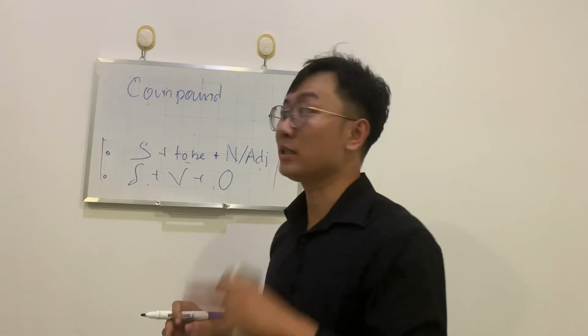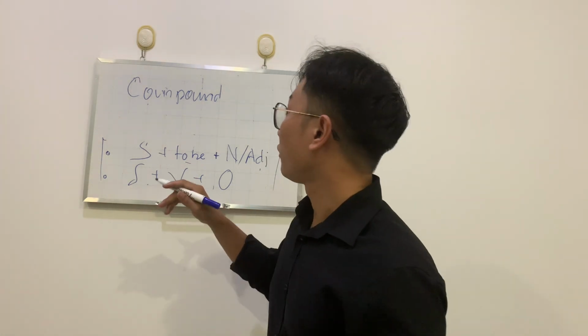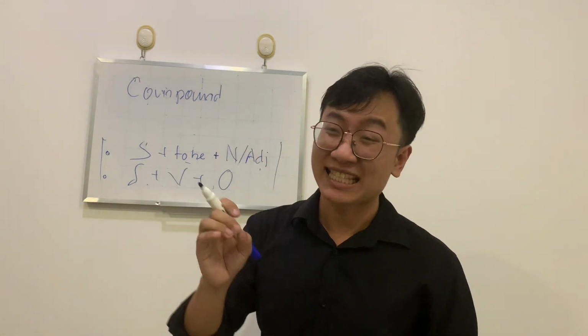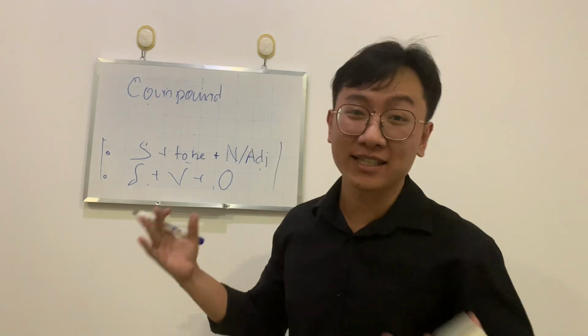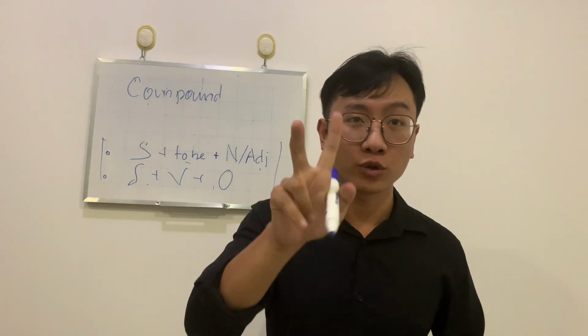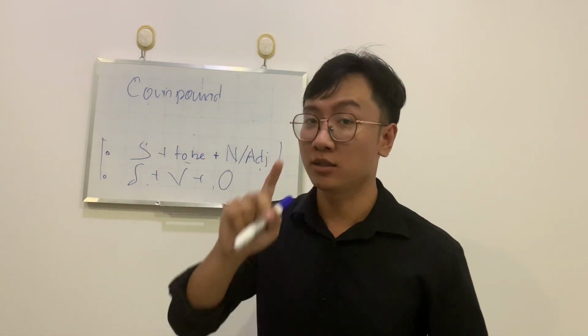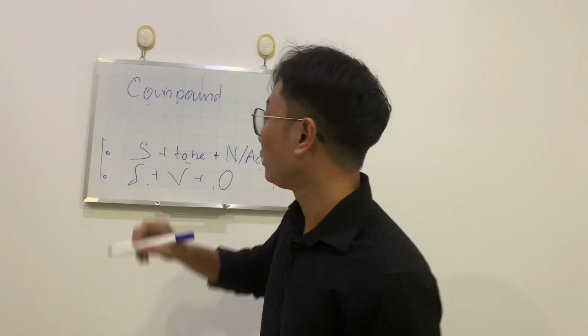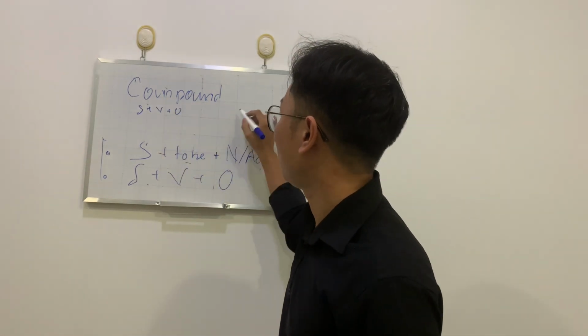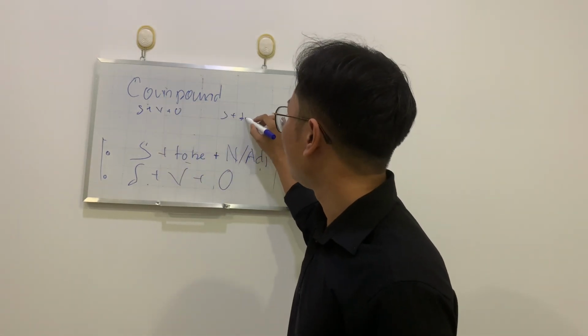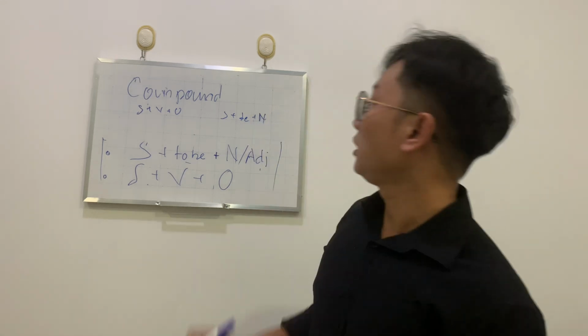So stay with me in this part. For a compound sentence, it's actually really easy. You want to make two simple sentences.